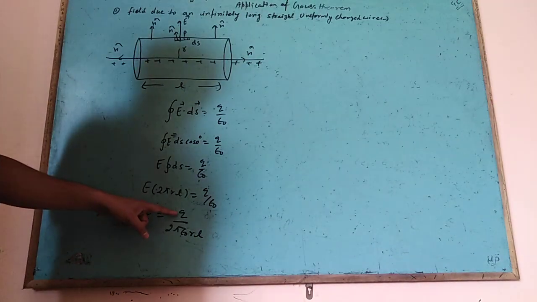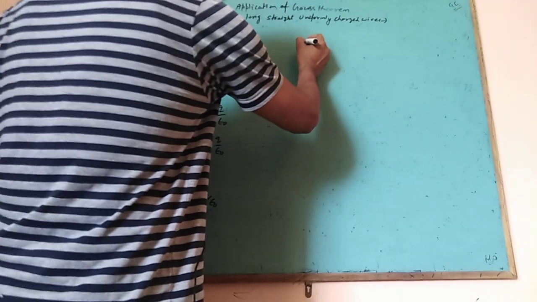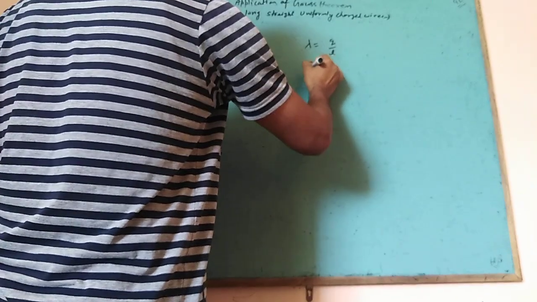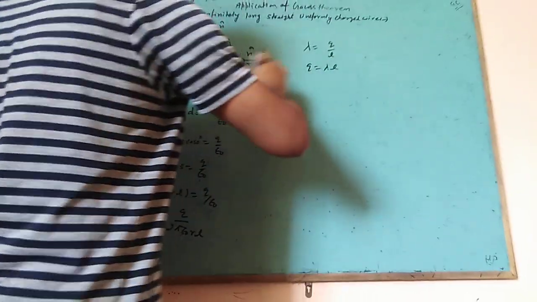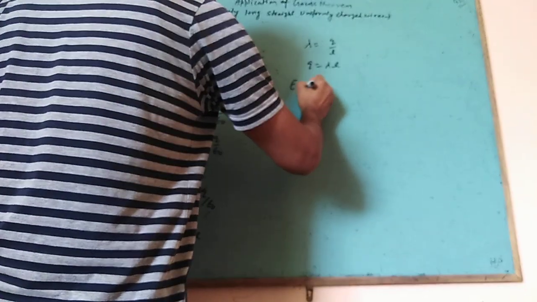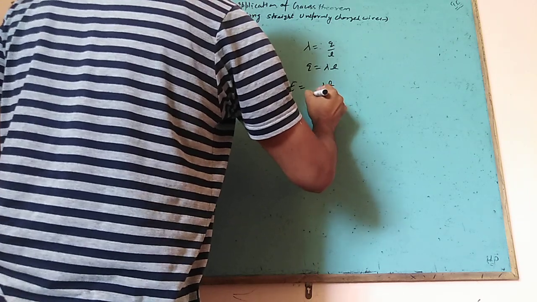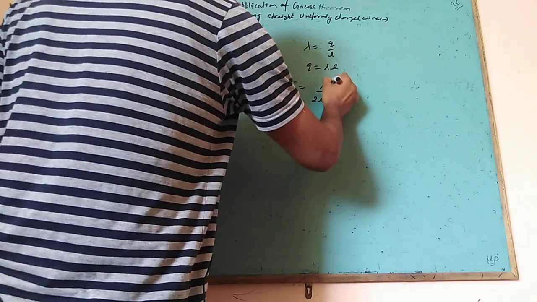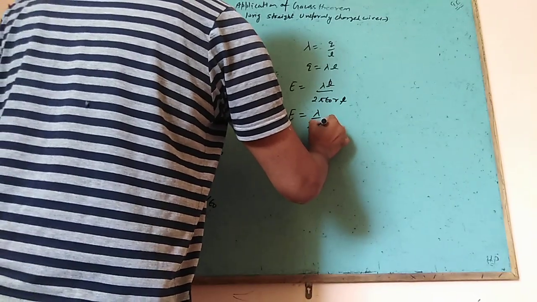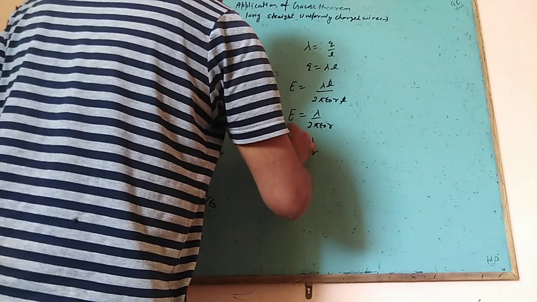Now, using the first chapter of electrostatics, you know that linear charge density lambda equals q upon L, where q equals lambda into L. Put the value of q in this equation: E is equal to lambda into L upon 2 pi epsilon naught r into L, where L is cancelled out, so E equals lambda upon 2 pi epsilon naught r, where E is proportional to 1 upon r.